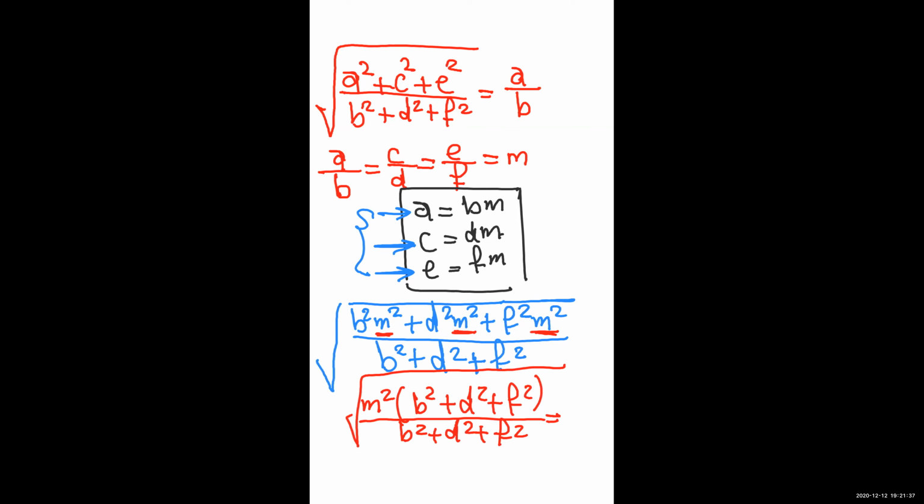Now we can simplify this term with this term. So the remaining will be the square root of M squared. The square root of M squared actually will equal M. So this term on the left equals M.